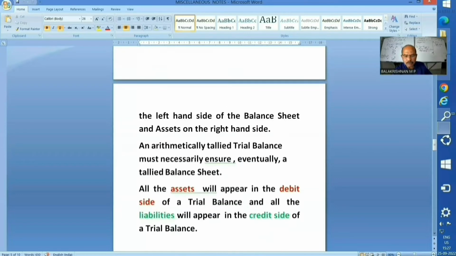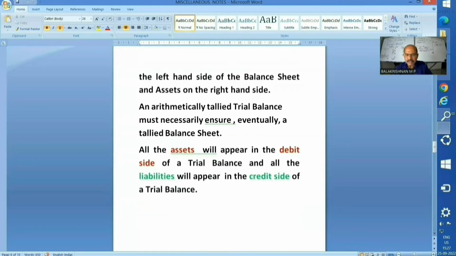Liabilities are shown on the left-hand side of the balance sheet and assets on the right-hand side, as already mentioned over the whiteboard. An arithmetically tallied trial balance must necessarily ensure eventually a tallied balance sheet. So please keep this in mind.